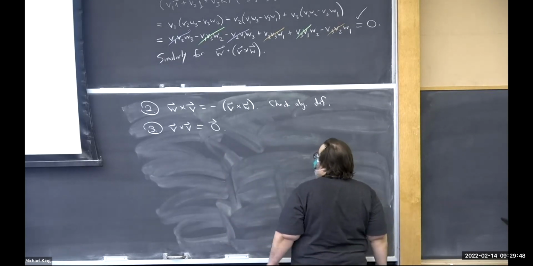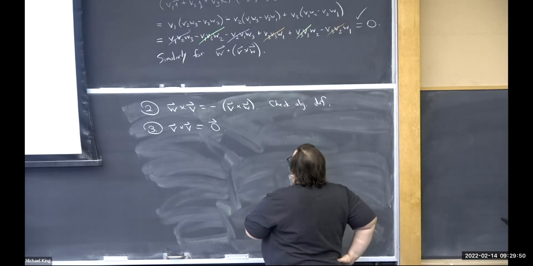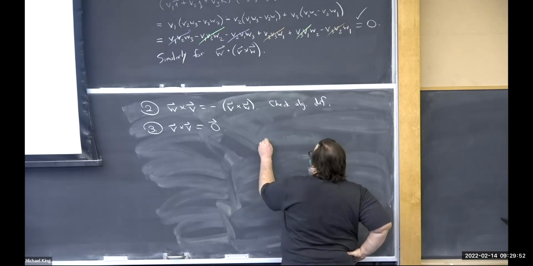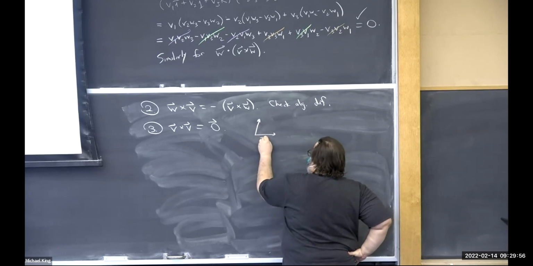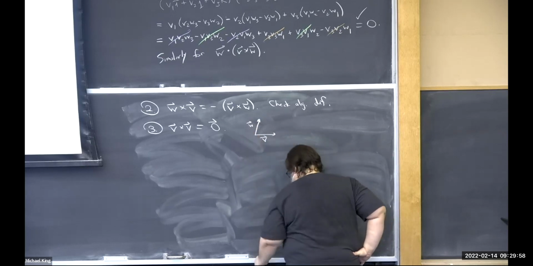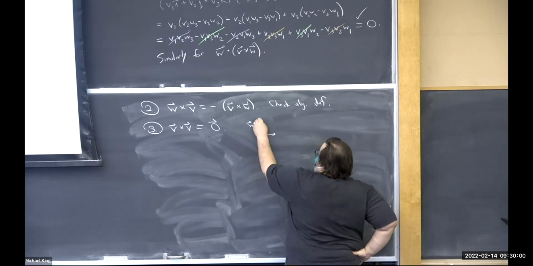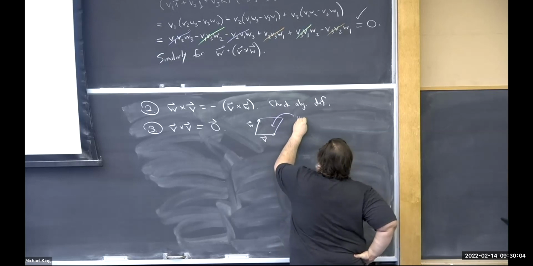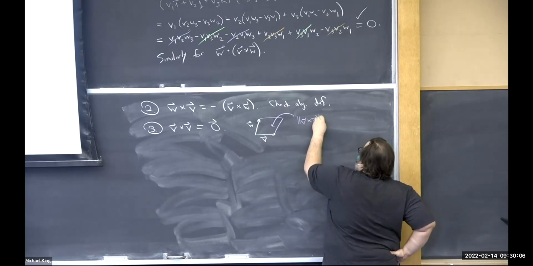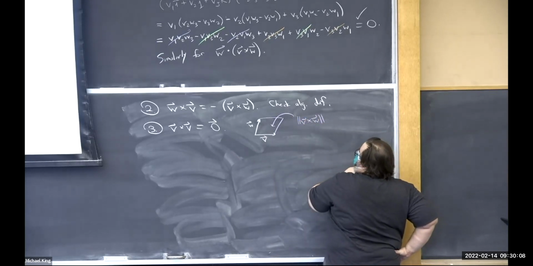And also the magnitude. Think about this: for V cross W, we said there's this parallelogram they form, and the magnitude of V cross W is supposed to be this area.